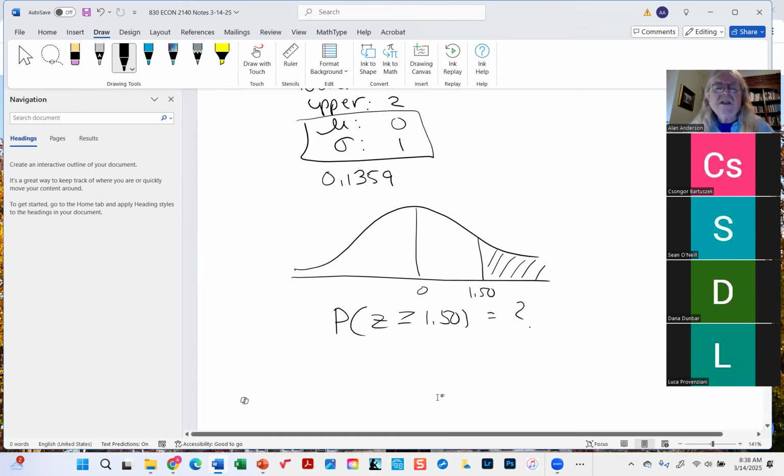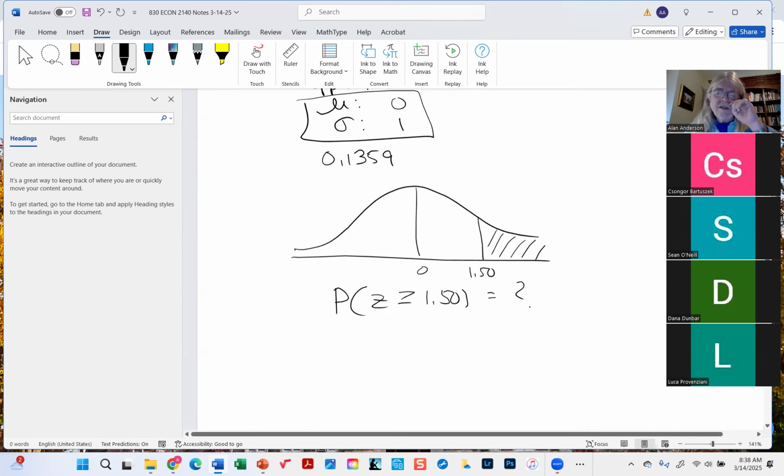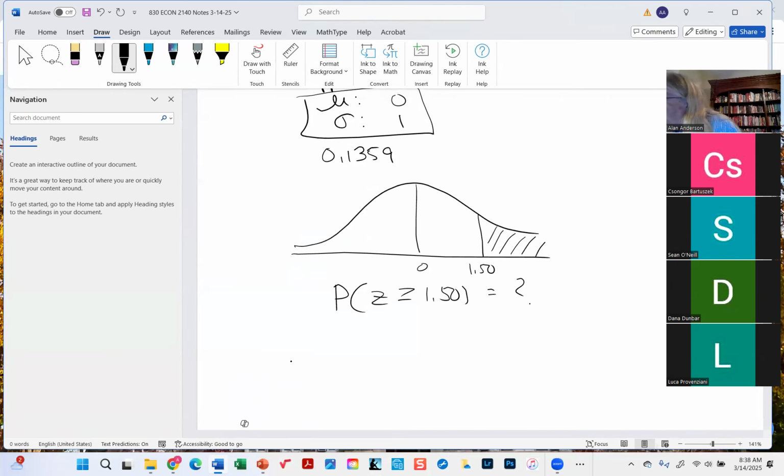All right, because the curve continues all the way out to positive and negative infinity, what we're actually looking for here is everything from 1.50 up to infinity. But you recall from last time we met on Tuesday that there is no infinity key, so you have to do it like this.